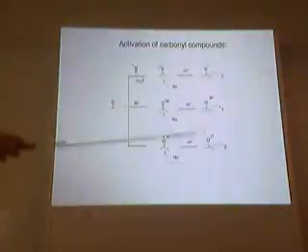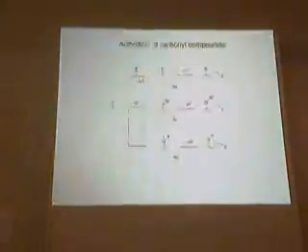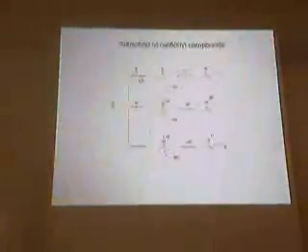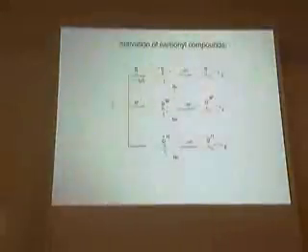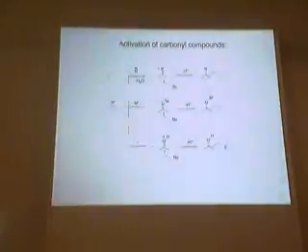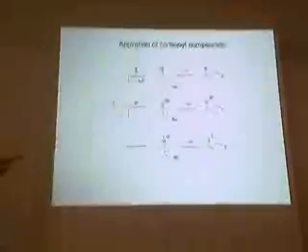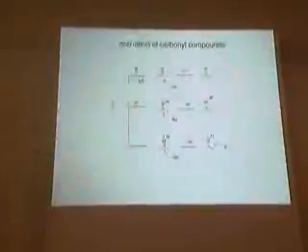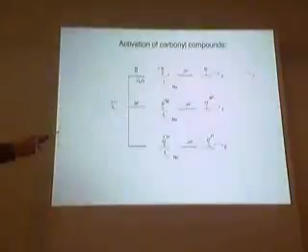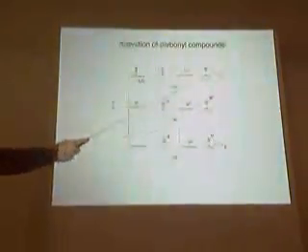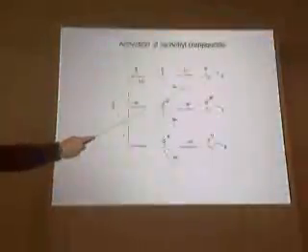So I'm drawing a simpler scheme, because this is what we chemists and nature will do to activate carbonyl compounds. And carbonyl compounds are one of the backbones in synthesis. So for example here we can have an amine react with this carbonyl compound to form an iminium ion, and then this becomes electrophilic. But you can also deprotonate this proton here and make an enamine, and then you make this center nucleophilic and it can attack an electrophile.